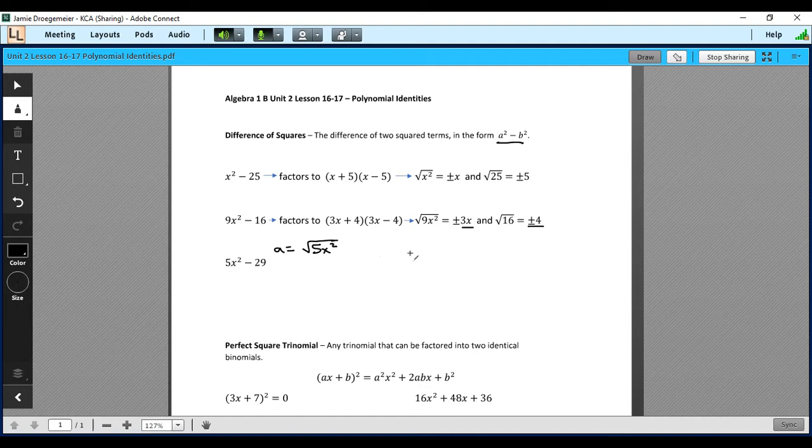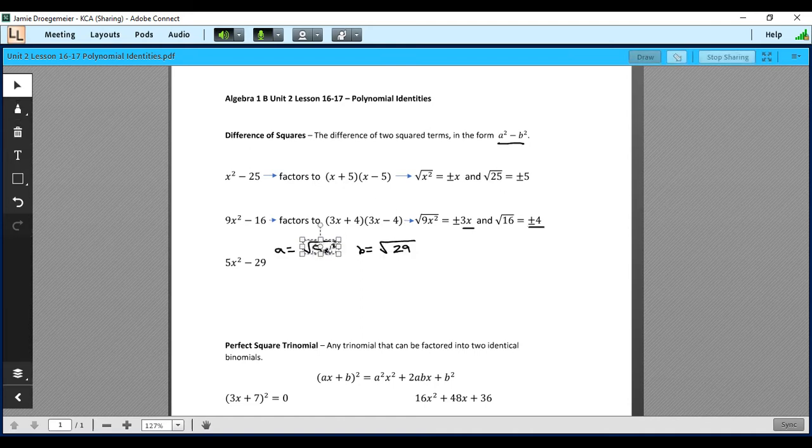And then the square root of 29, that's going to be our b term. And so by figuring out what those are, the square root of 5x squared, I could simplify that down because the square root of x squared is x. So actually my a term would be the square root of 5 times x.